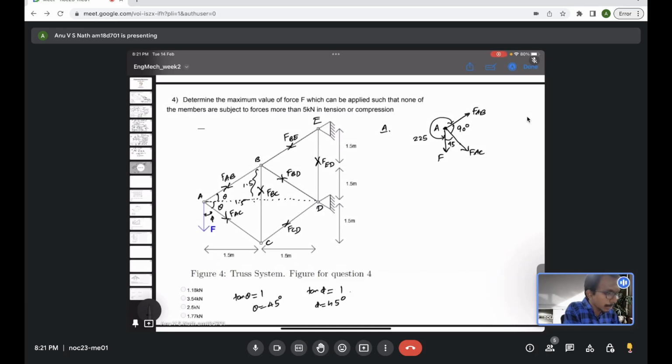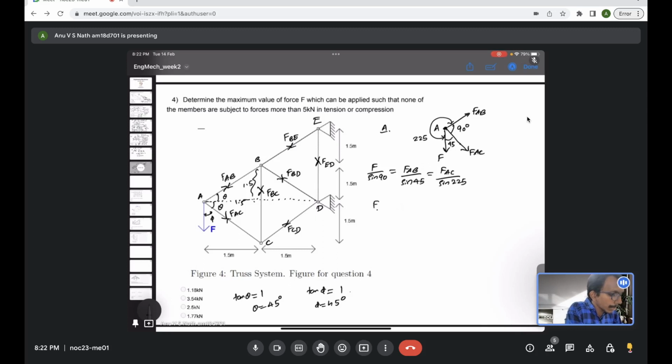Now we use the sine rule. F by sine of the opposite angle, which is 90, equals FAB by sine of the opposite angle, which is 45, equals FAC by sine of the opposite angle, which is sine of 225.